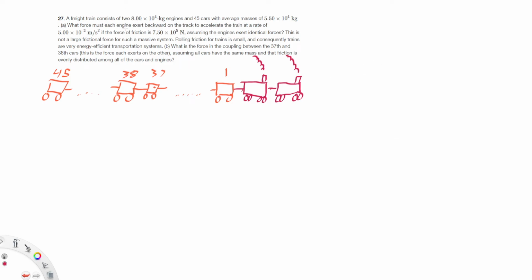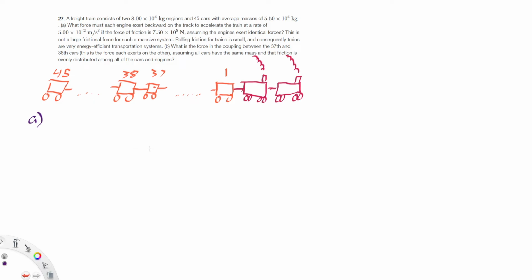So first of all, what force must the engines exert in order to accelerate the train forward, if the total force of friction is this number and the acceleration is this number? For part A, I'm going to draw a separate picture, considering everything at once.